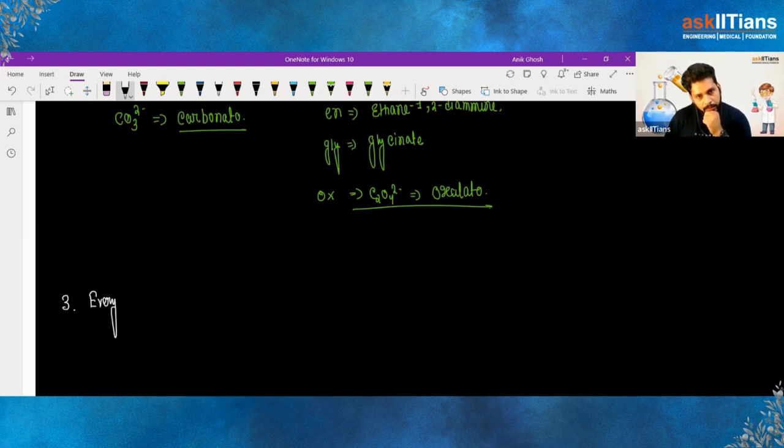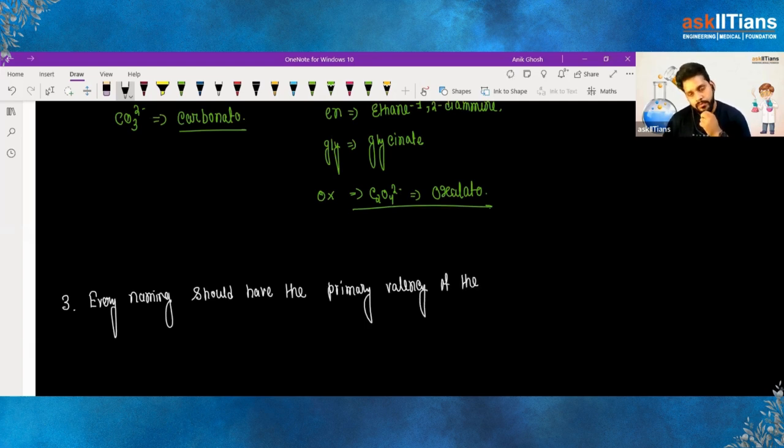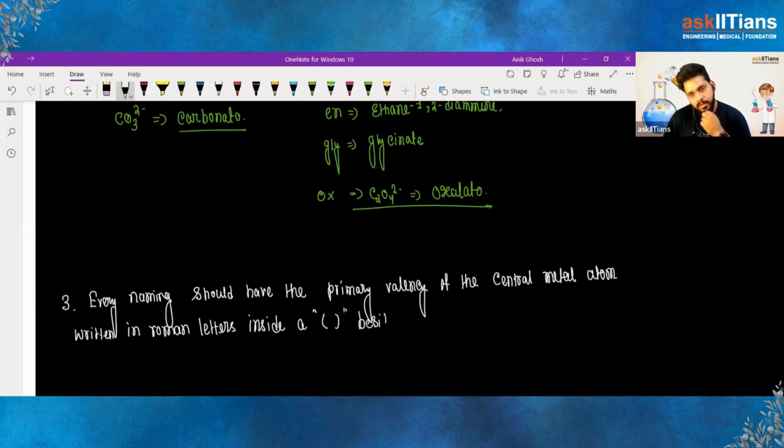Every naming should have the name of the primary valency of the central metal atom written in Roman letters inside a first bracket beside its name.